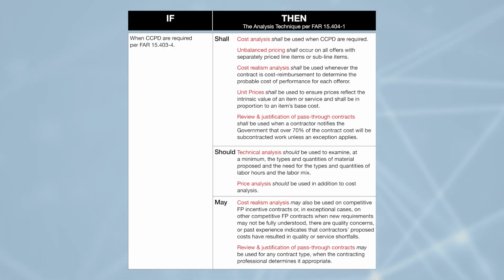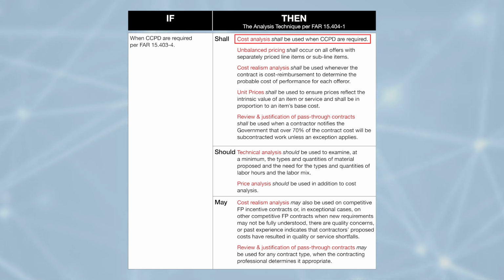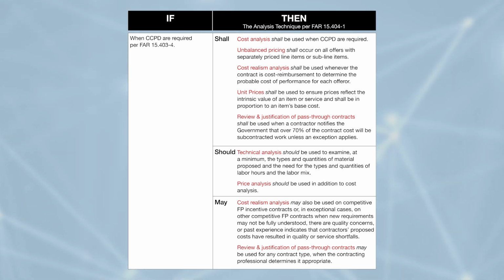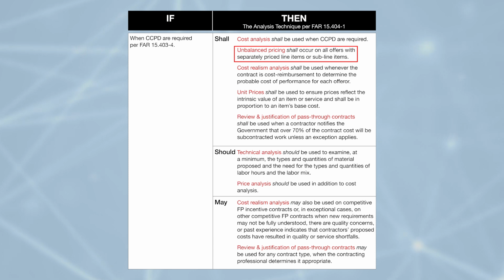When certified cost or pricing data is required, we can expect a lot of analysis. Take a look at this list. Cost analysis shall be used to evaluate the reasonableness of individual cost elements when certified cost or pricing data are required. When all offers have separately priced line items or subline items, unbalanced pricing shall be used.